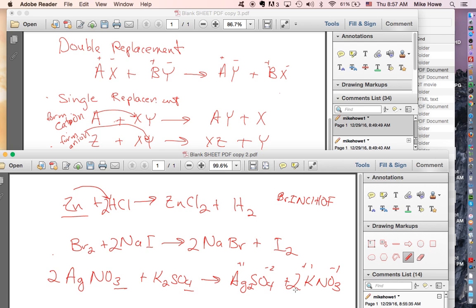There's only 1 K in the formula, times 2. But on this side, there are already 2 Ks, so the equation now is balanced. Okay, so those are 3 examples. So what was this one again? Single replacement, double replacement. This one's double because silver replaced the K and K replaces silver.